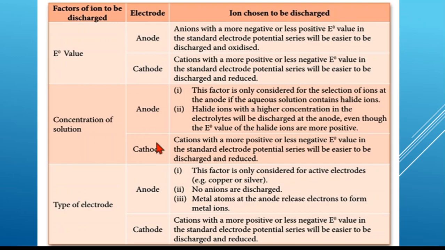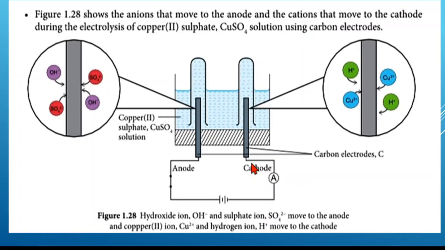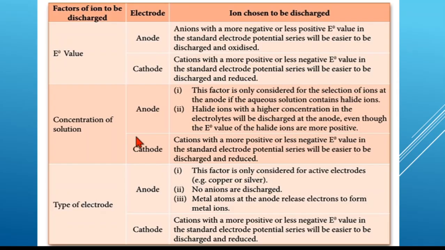Di cathode pula, cations with a more positive or less negative inert value, okay, in the standard electrode potential series, will be easier to be discharged and reduced. Okay, itu kalau di cathode. Cathode kita pilih more positive or less negative inert value.